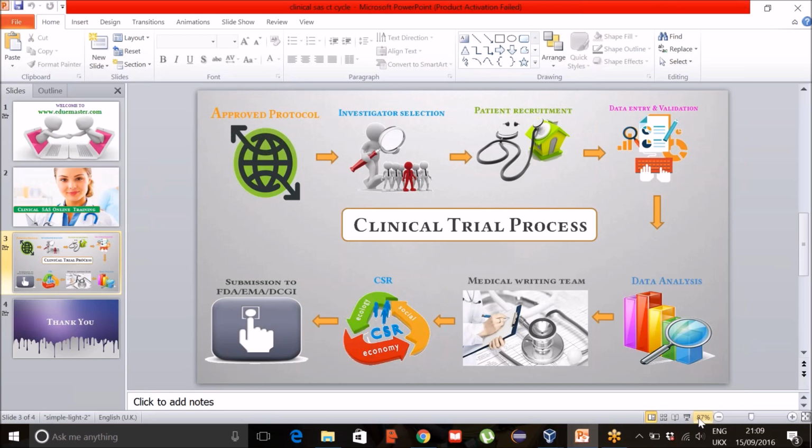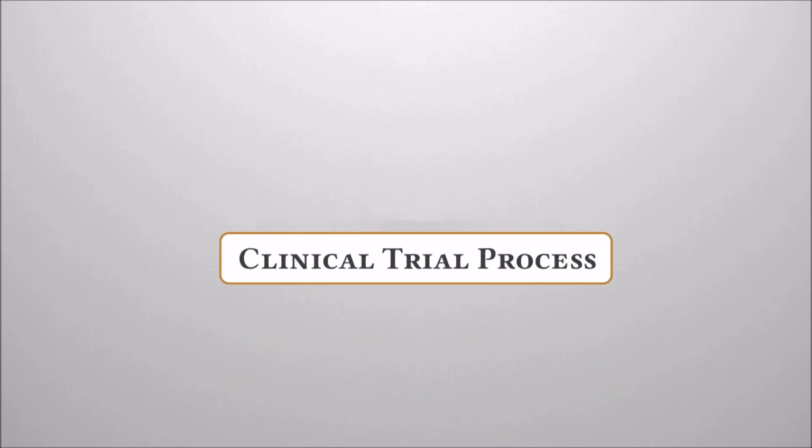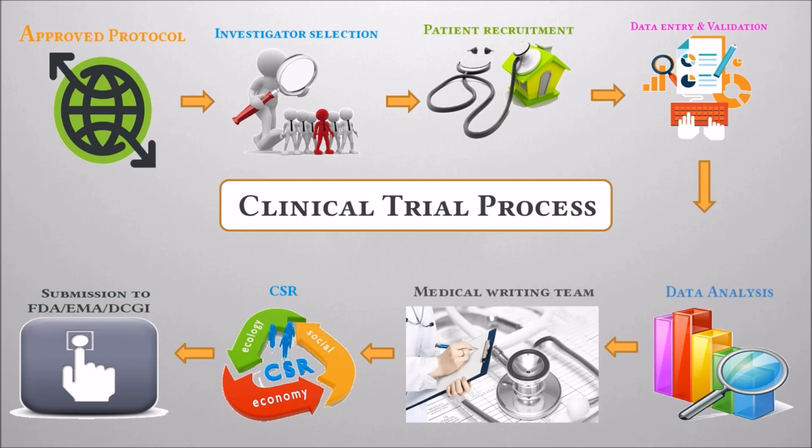After that, there is a medical writing team. These medical writing people will write a synopsis for the reports, meaning what happened in the trial, what the side effects were, or how the drug is working, something like this.